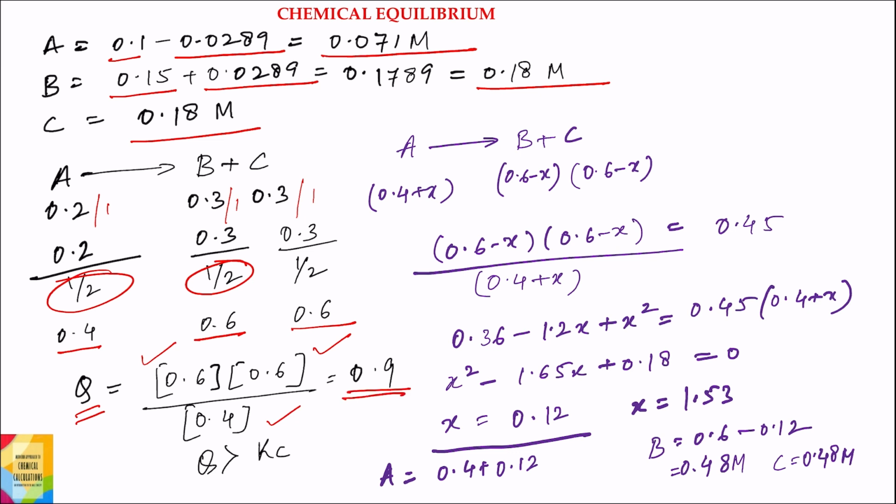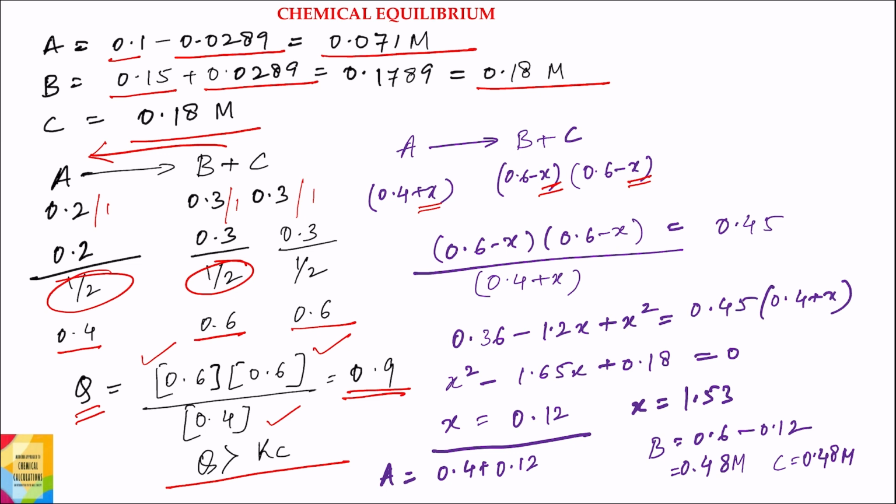Now value of Q is greater than Kc. So the reaction will take place in the reverse direction. So some amount of B and C will change into A. Now out of 0.6 moles, X moles of B will react with X moles of C to form X moles of A. So equilibrium concentration of B will be initial concentration of B, that is 0.6, from which moles of B which changed into A will be subtracted.